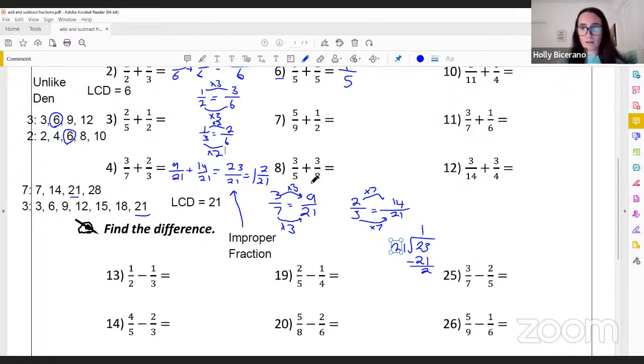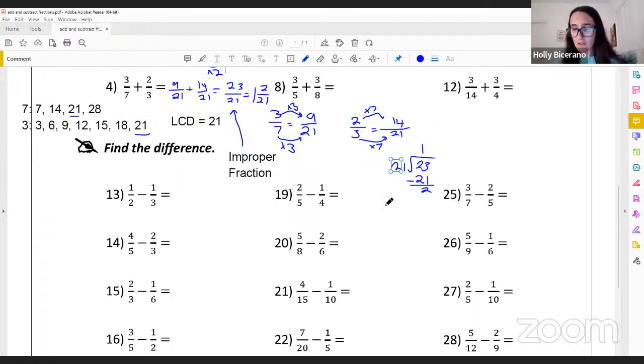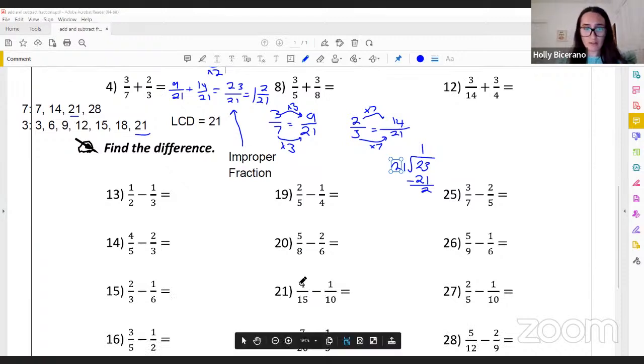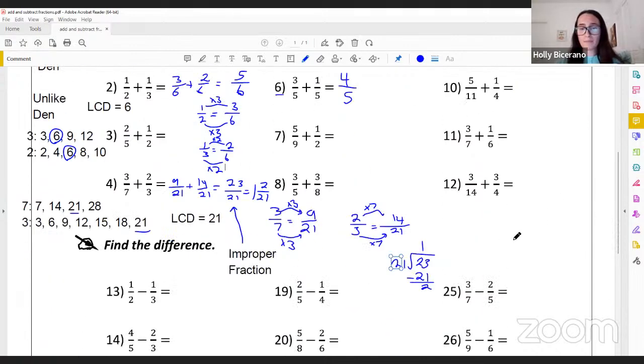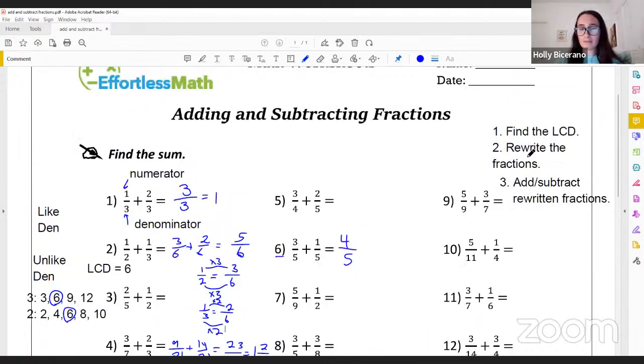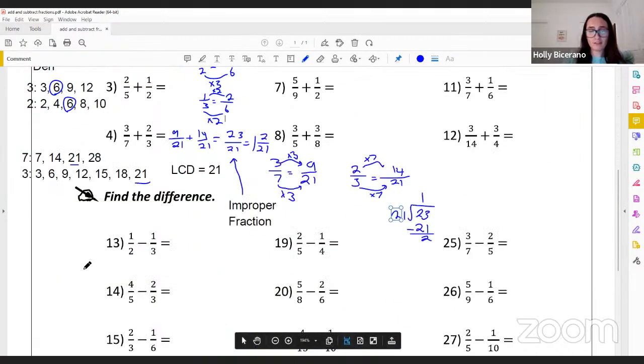Okay, let me see. Let's actually go down and do some subtraction. So the good news is you don't have to learn anything different. Subtraction works the same way. So it's the same steps. Find the LCD, rewrite the fractions, and then we'll subtract the rewritten fractions.